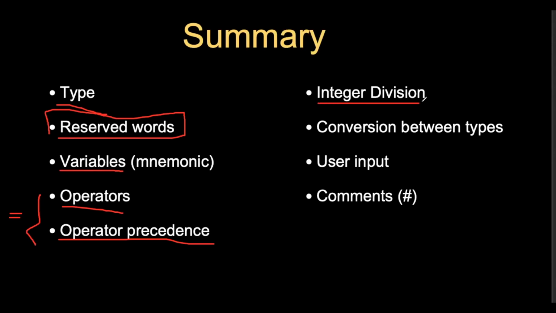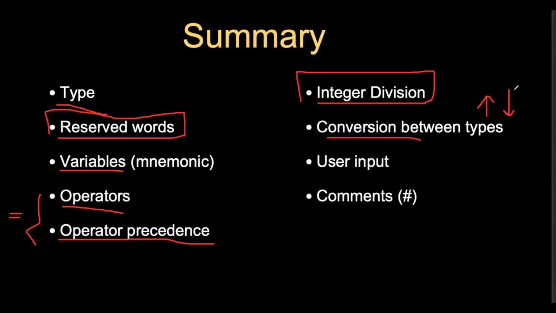Later on, we got into the more practical aspect of arithmetic evaluations with integer divisions as well as conversions between types. There's upcasting and also downcasting. Upcasting means I'm casting it to a much larger space.